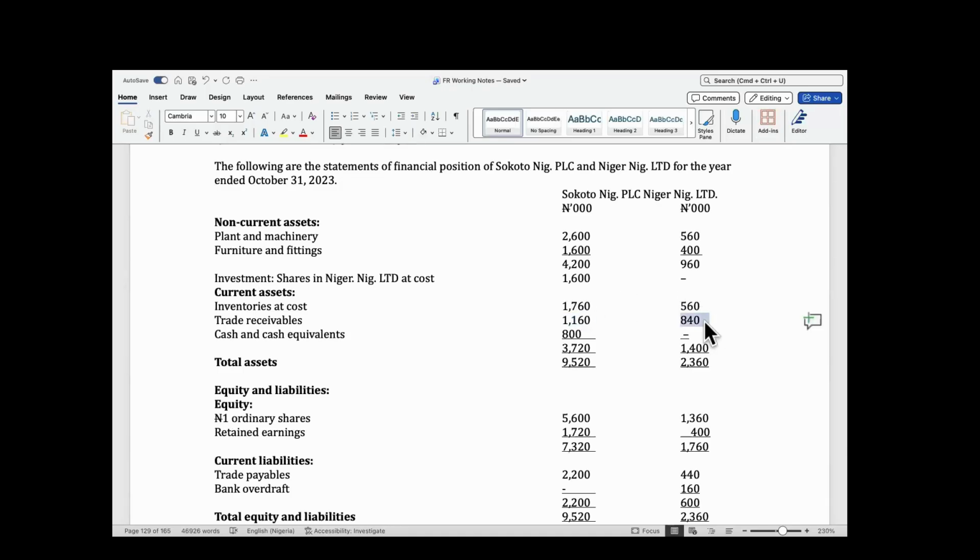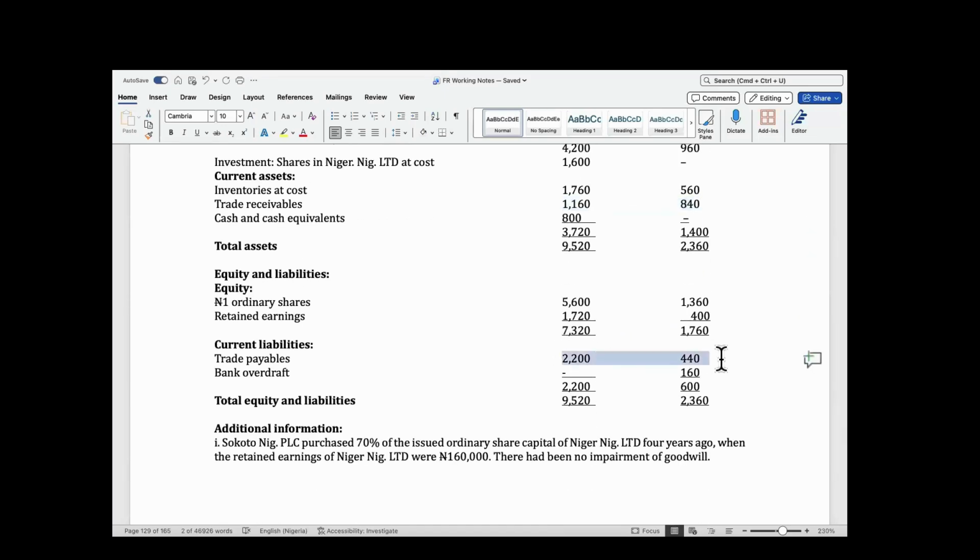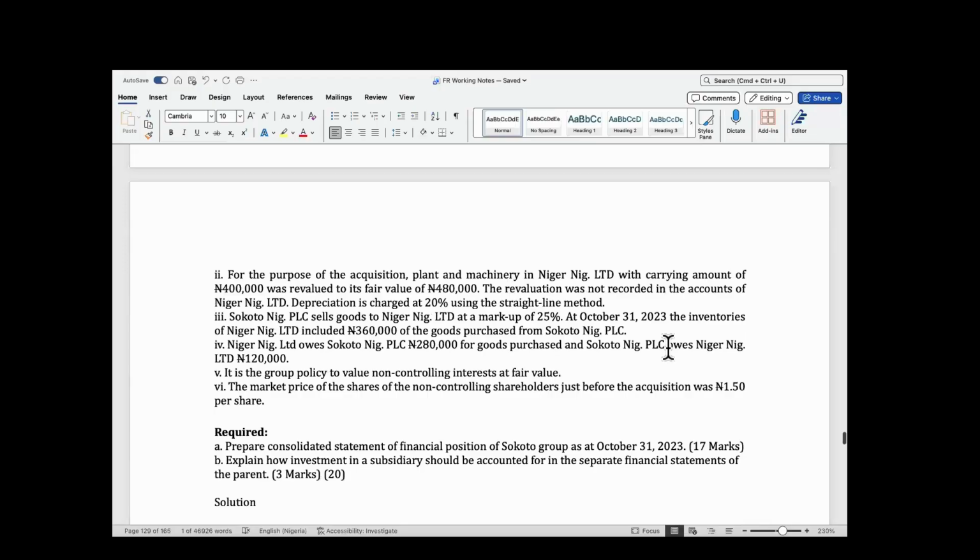Here also, there is 120, because Sokoto was also owing Niger 120. So when you are consolidating, you're actually removing 400 of intra-group here. And the same thing here too, 400, being 280 plus 120. Because there is 280 payables here, there is 120 payables here. If you add the two together, it is 400 that needs to be eliminated from the two sides.